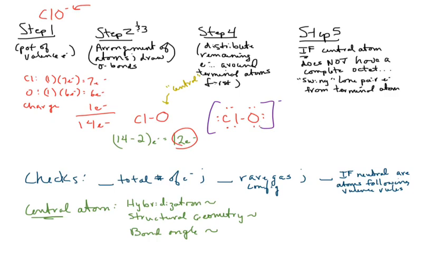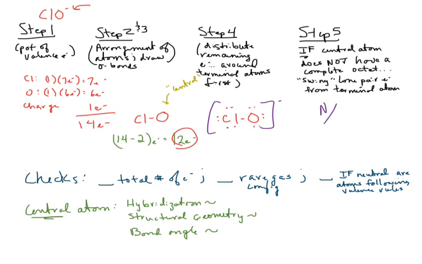In order to get full credit for that Lewis structure, you have to show that it's running around with a -1 charge. And the best way to do that is to bracket it and put the sign of the charge outside. So then you're done. If our central atom was the oxygen atom, of course, it does have a complete octet. So that's step number 5.